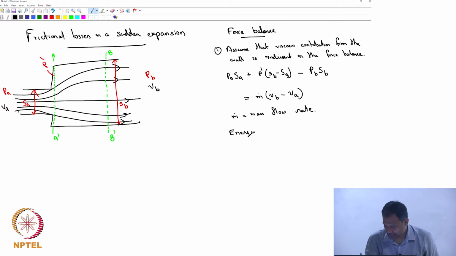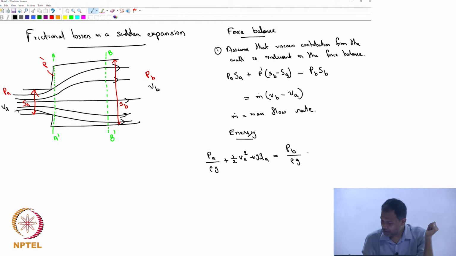Energy. Okay, I'll simply use our energy flow equation, which again you have seen. I'll apply it between section A prime and B prime. So I'll say PA by rho g plus half VA square plus ZA is equal to PB by rho g, that's a g, no?